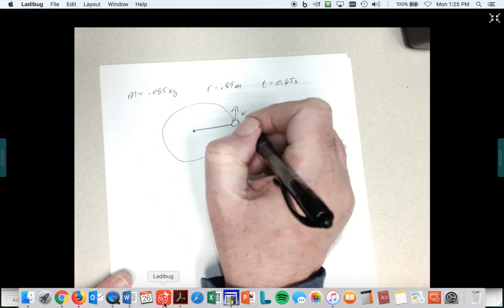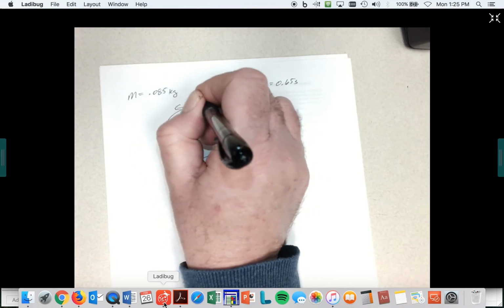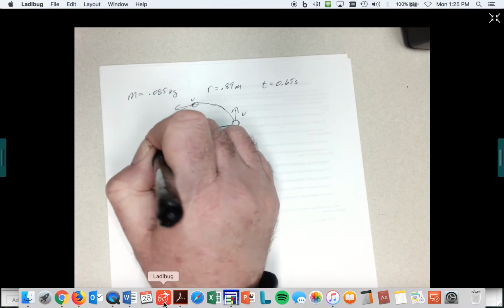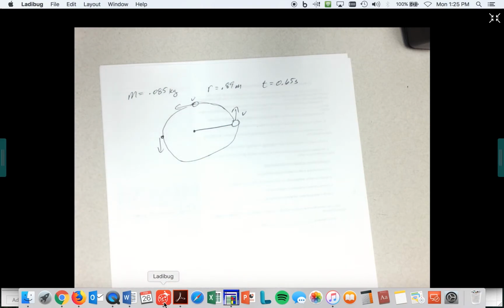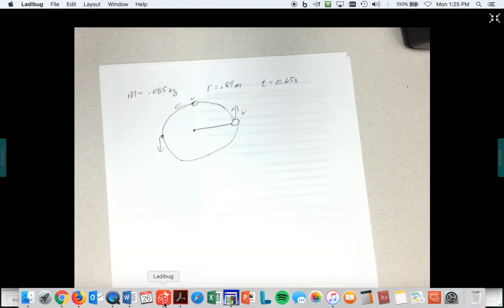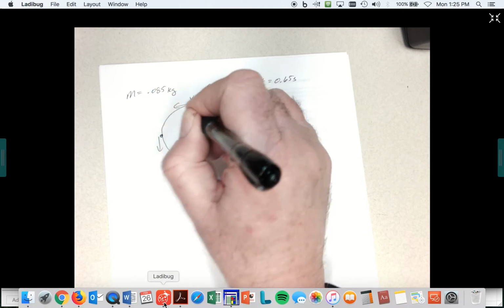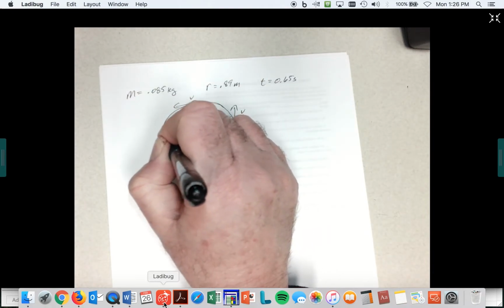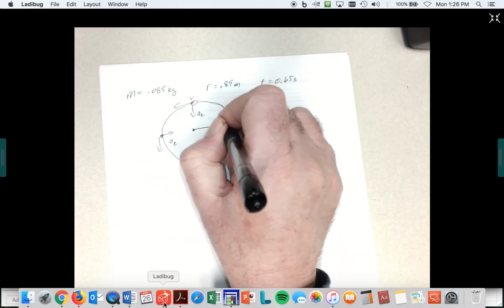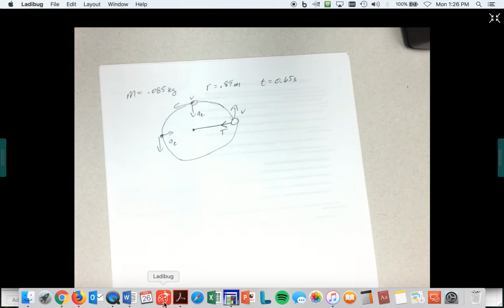At each point it has a tangential, or linear, speed which is always changing direction. Since it's on a circle, always changing direction, it has a centripetal acceleration towards the center. And notice, the only thing pulling on it is the tension in the string.